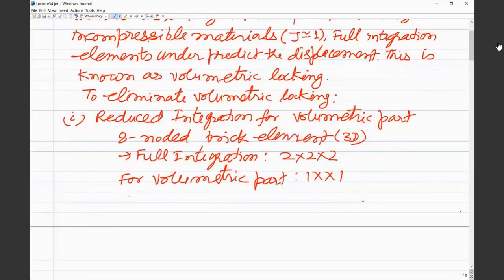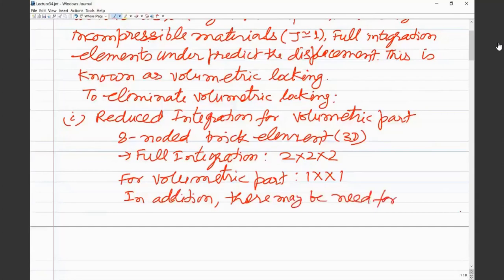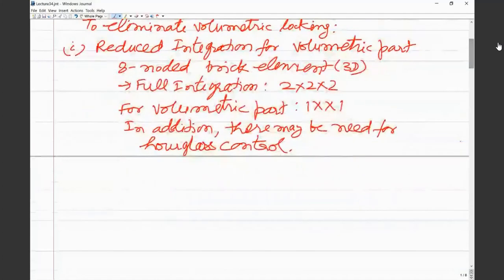To overcome that, in addition, there may be a need for hourglass control. We add an additional stabilizing matrix to control the hourglass modes if they are there. This is the reduced integration approach.